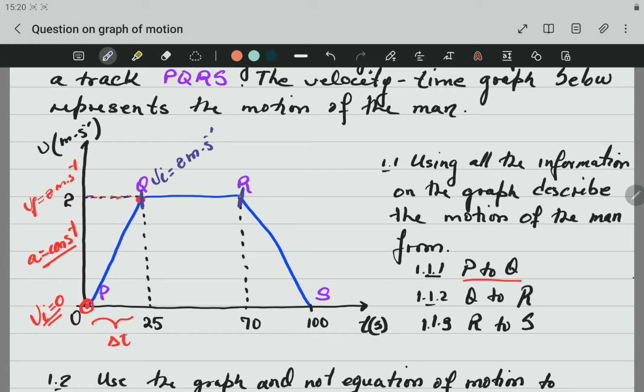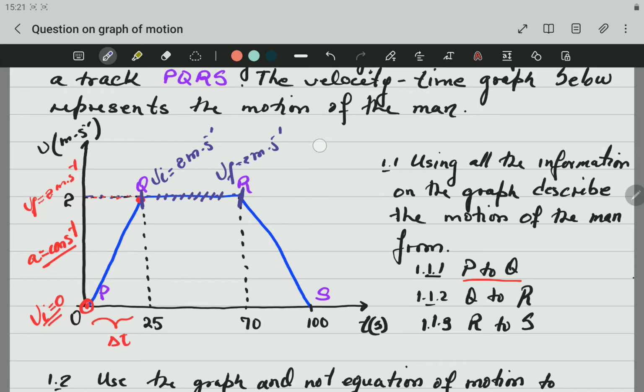And the velocity at R, if you take it here and go to the y-axis, you see that it's still 2 meters per second. In other words, velocity stays constant. It is 2 meters per second along the whole track.